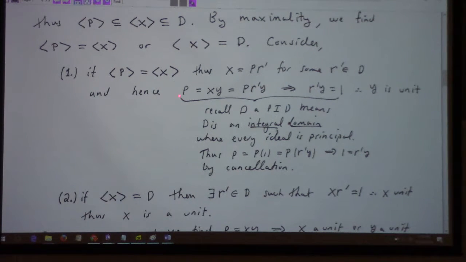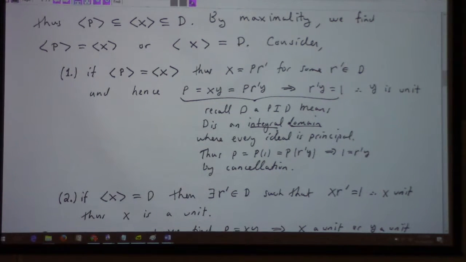So, I'm sorry. Just this and that imply that r prime y is equal to 1. I was trying to see this implication from that middle equality, and I was not getting it. So if that's the case, y is a unit. So it's not a reduction. The irreducibility of p is safe if y is a unit.